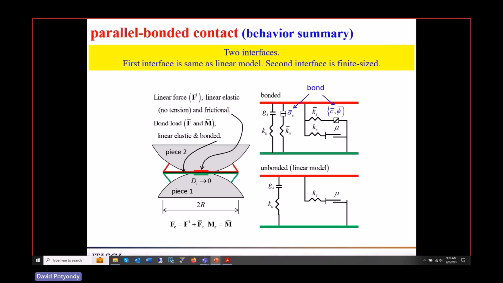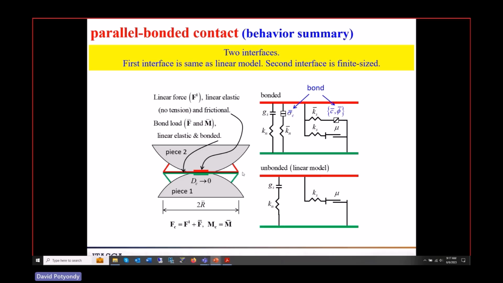Parallel bond basically provides two interfaces. It provides the surface-surface interaction from before, but it also provides this cement. Think of the cement as a cylinder between the two that's been split down the center. Half of the cylinder is glued to the top, half of the cylinder is glued to the bottom.